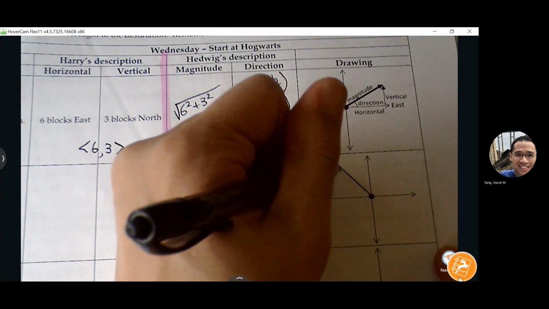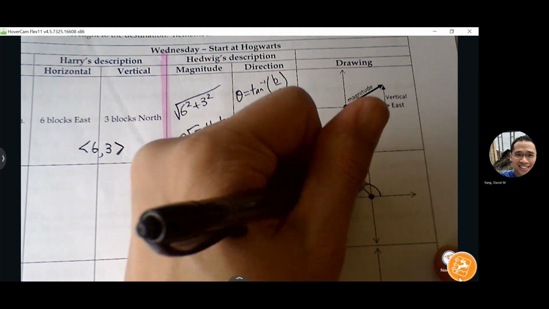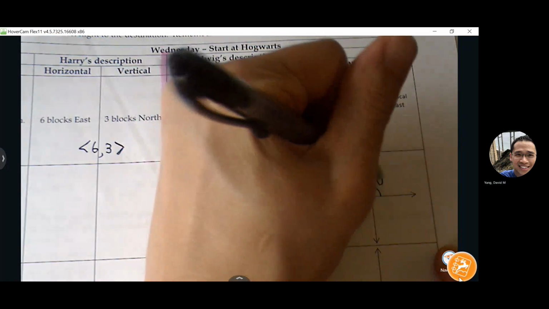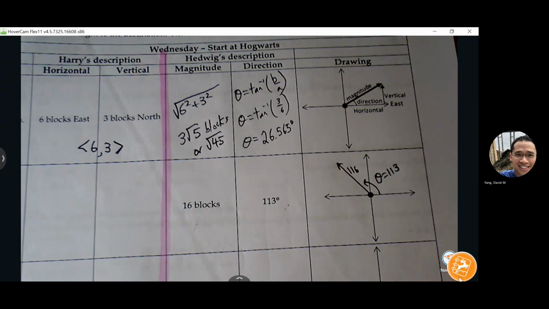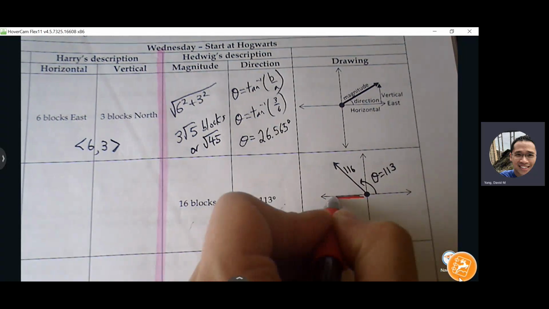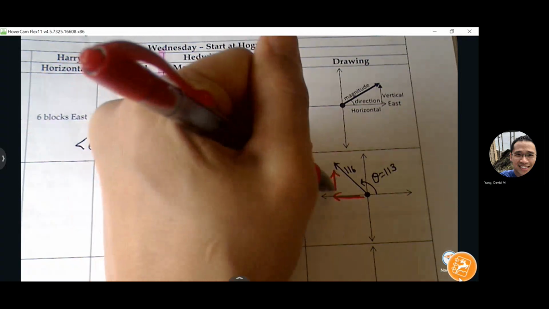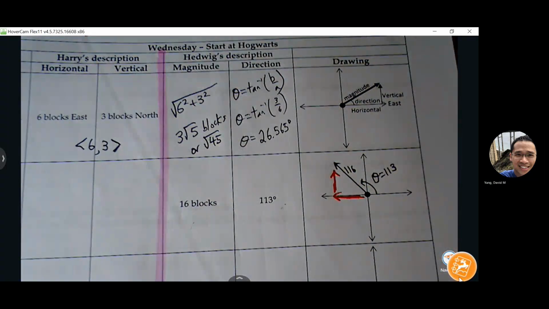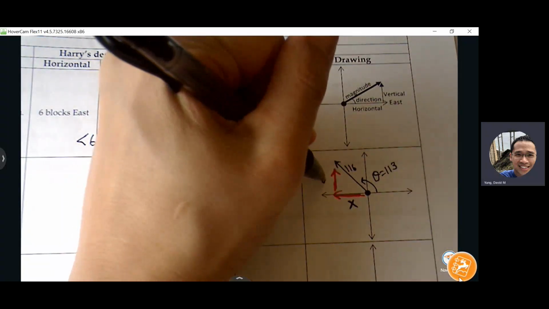So let's make it 116. So we're trying to figure out what is the horizontal and what is the vertical. So call this X, call this Y.